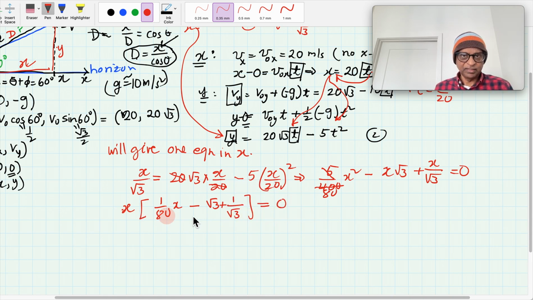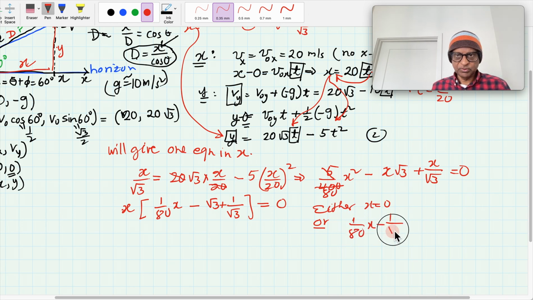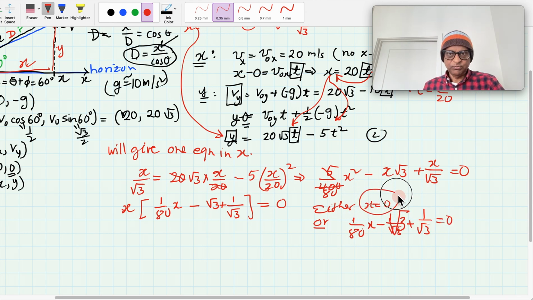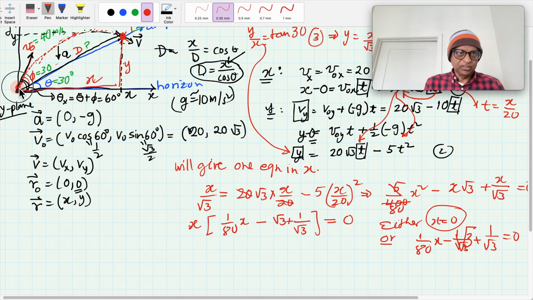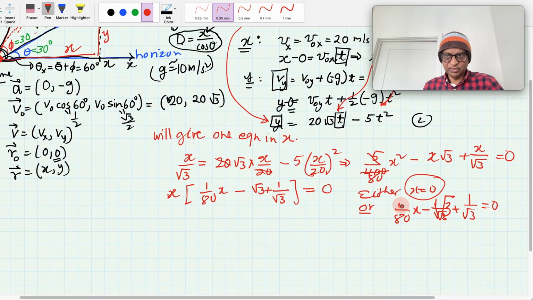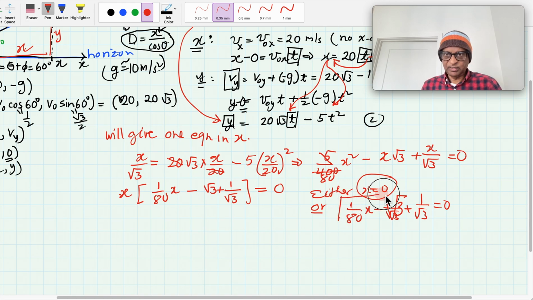So this means either x equal to 0 or 1 over 80 x minus square root of 3 plus 1 over square root of 3 equal to 0. So now this value corresponds to this point. So we don't want that point. We want another point, and that's the other point. Both are mathematically okay, but this is our physical solution.